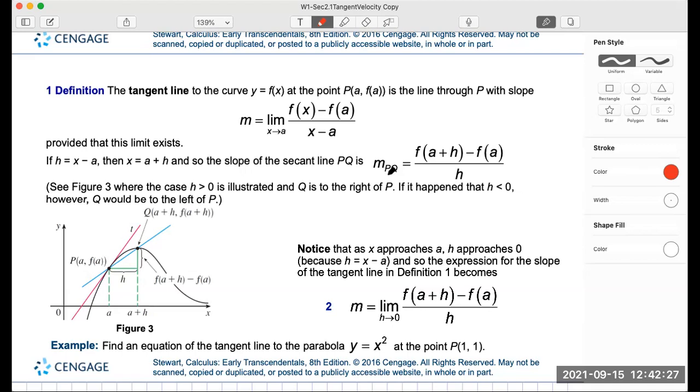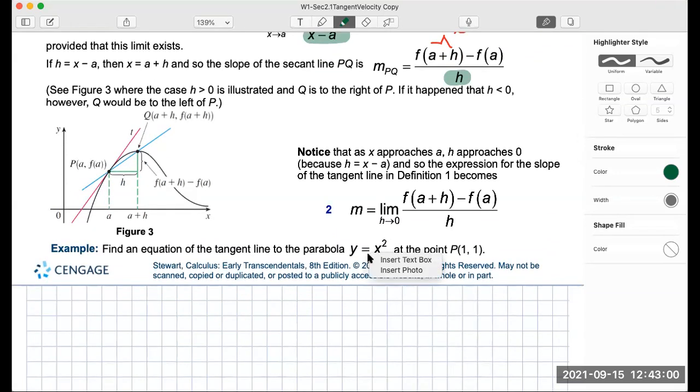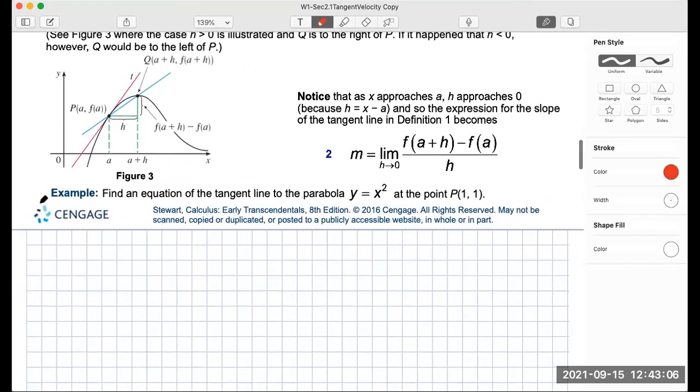The slope will be the limit of f of a plus h, which plays the role of x here, minus f of a over h, where h here is simply x minus a. Just another way to write it. Then go back to our example here. Let us find the tangent line of this parabola.